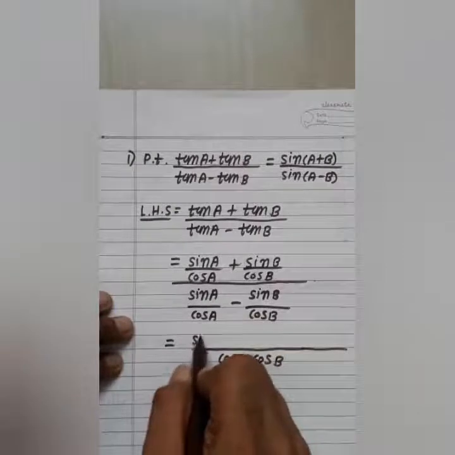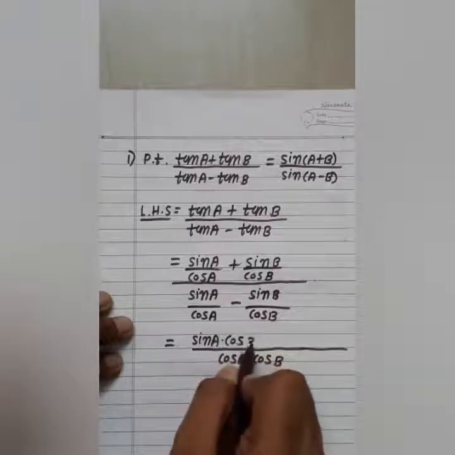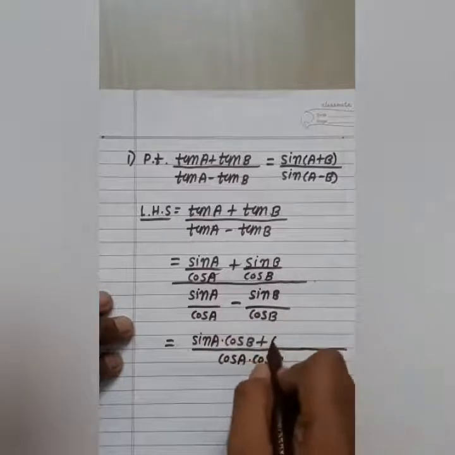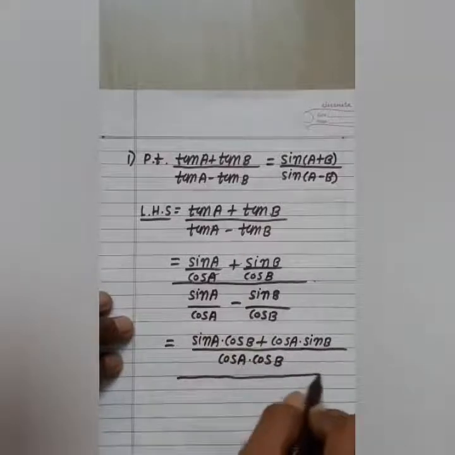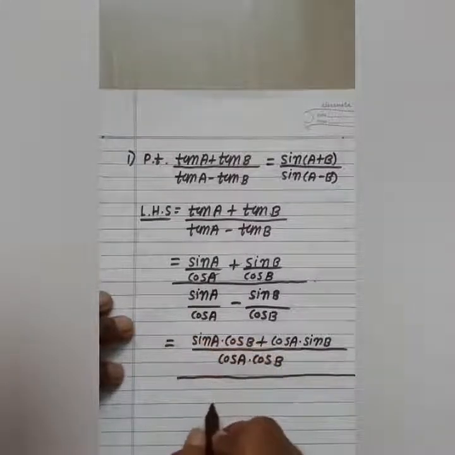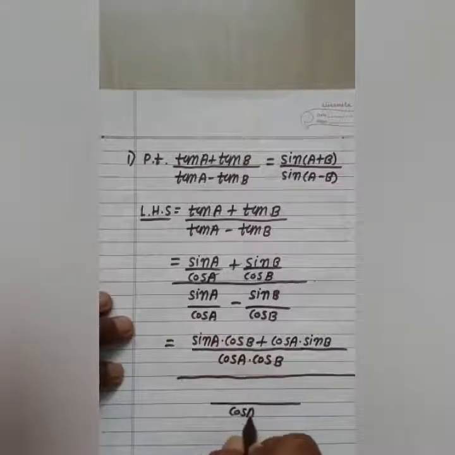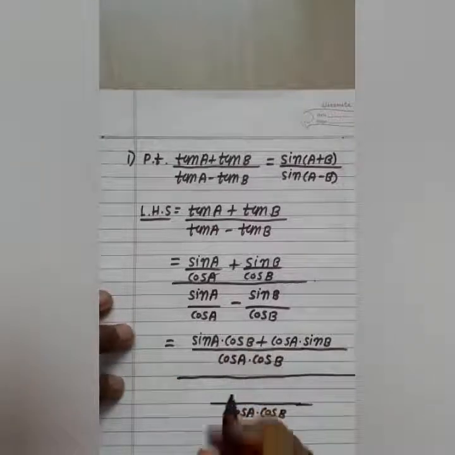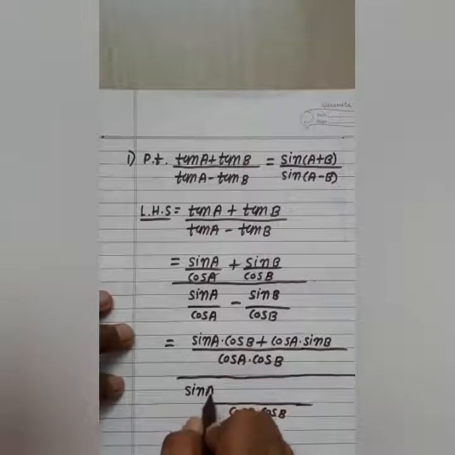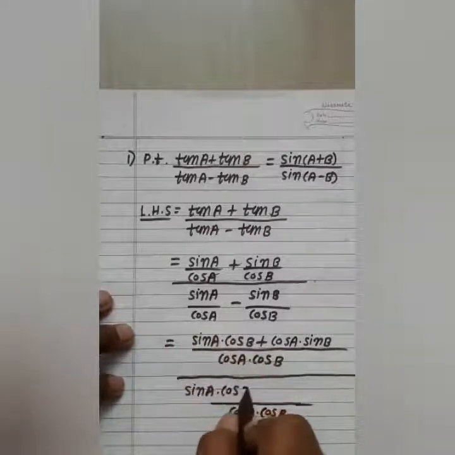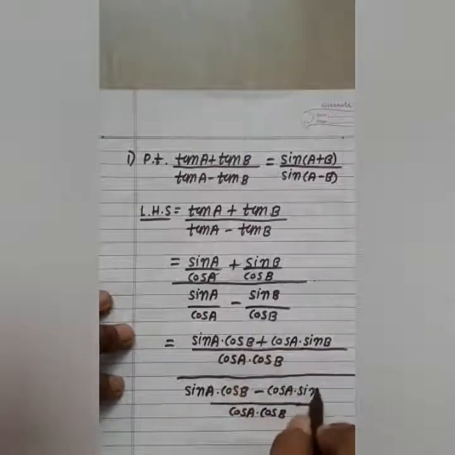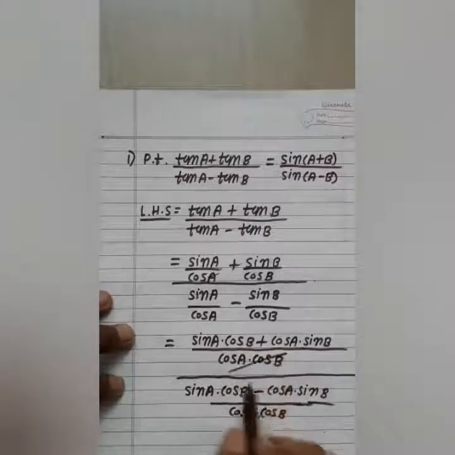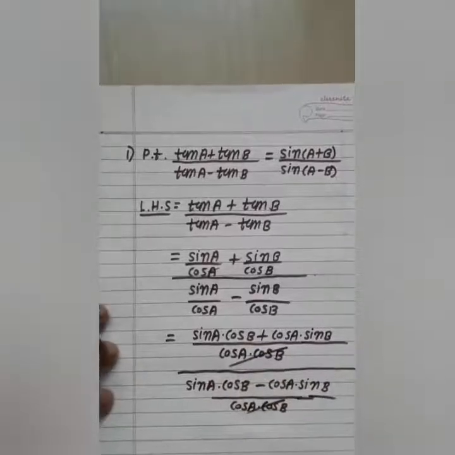Now sin a into cos b plus cos a into sin b upon, in the same way in the denominator, LCM cos a into cos b. So now we write sin a into cos b minus cos a into sin b. Now the LCM is the same in the denominator, so cancel out this term.